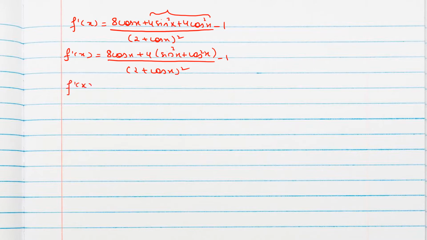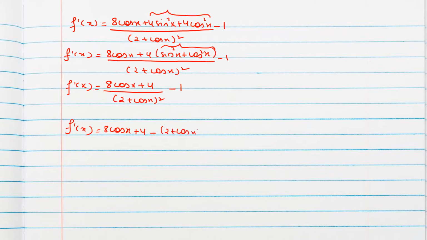And cross multiplication also we can do: 8 cos x plus 4 divided by (2 + cos x) whole square, minus 1. Now cross multiplication, so 8 cos x plus 4 minus (2 + cos x) whole square, divided by (2 + cos x) whole square. Now for this we can open using identity.